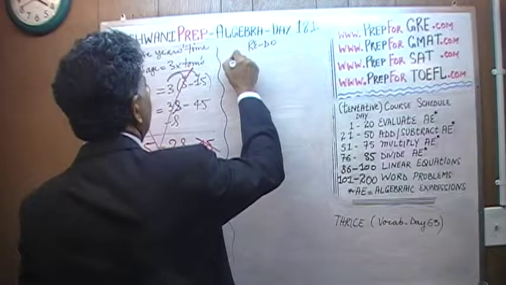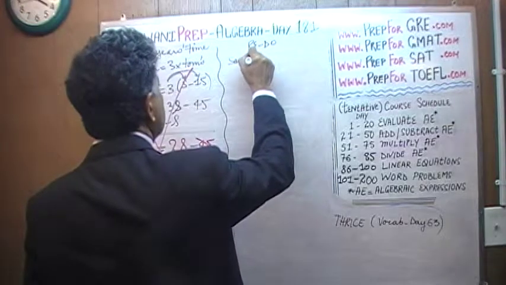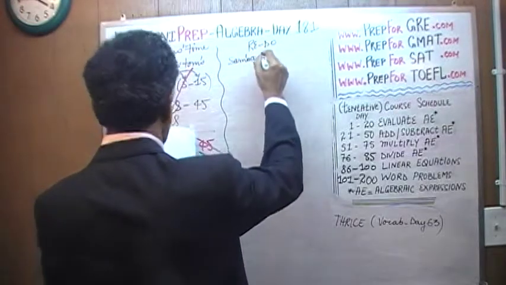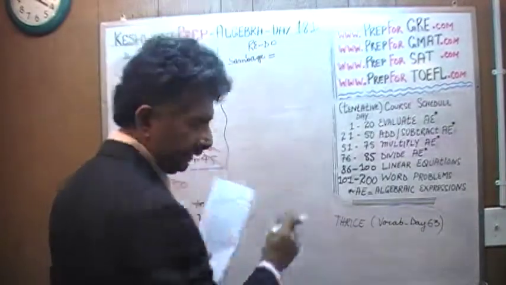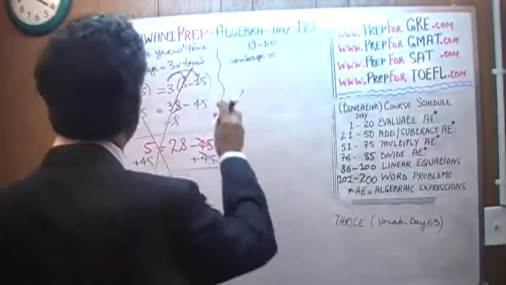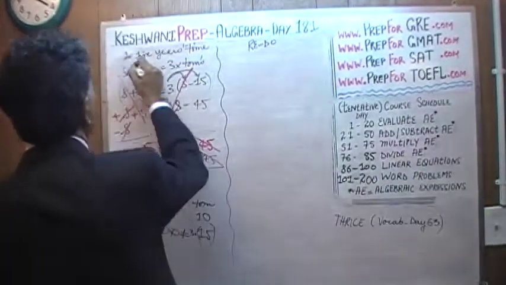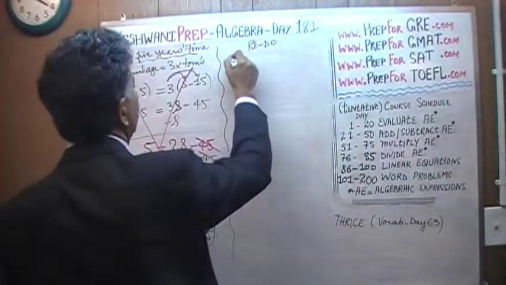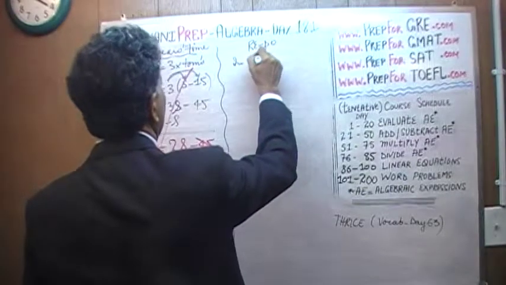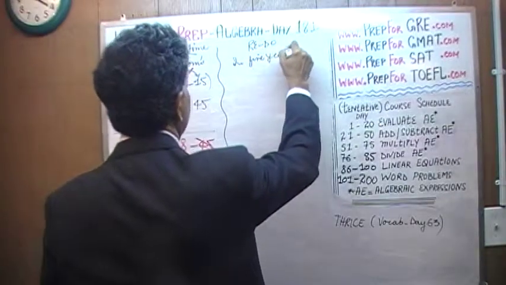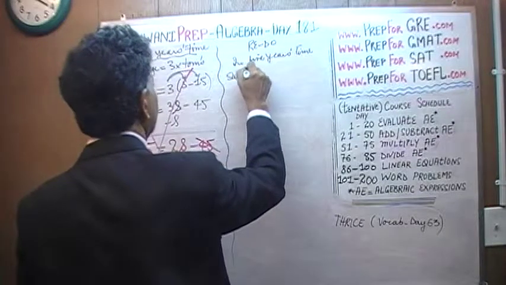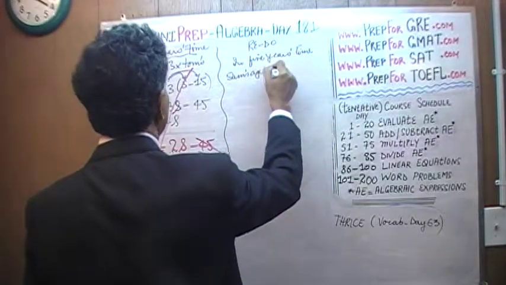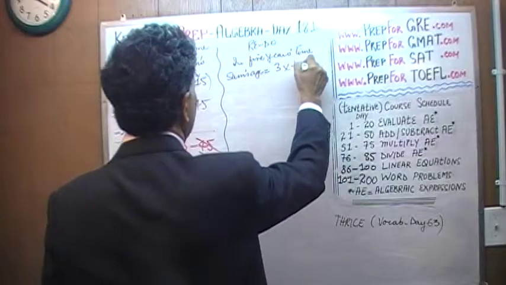Here is Sam's age, and we are told that is going to be in 5 years' time. We're not doing it for today, we're doing it for 5 years' time. Same thing here. In 5 years' time, Sam's age is going to be 3 times Tom's age.